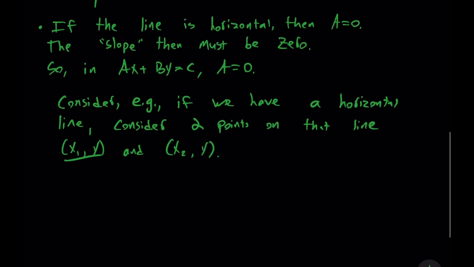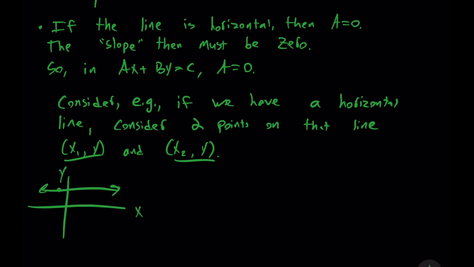So here's one point, here's another point. They're going to have the same exact y coordinate because they're on the same exact horizontal line. So we have something like this. So here's a point, here's x sub 1, here's x sub 2, but the y coordinate, of course, is going to be the exact same thing.